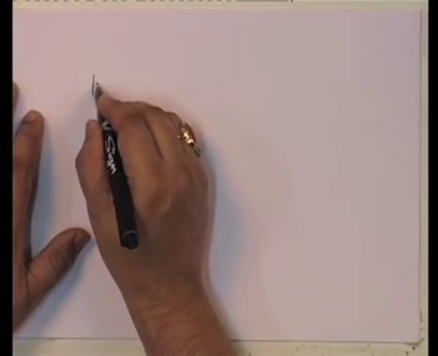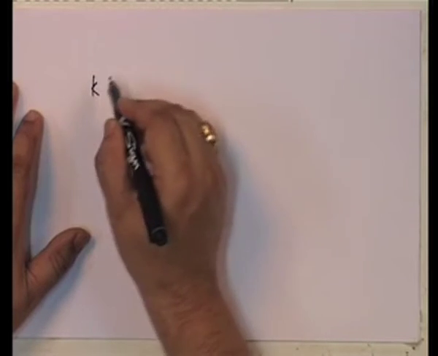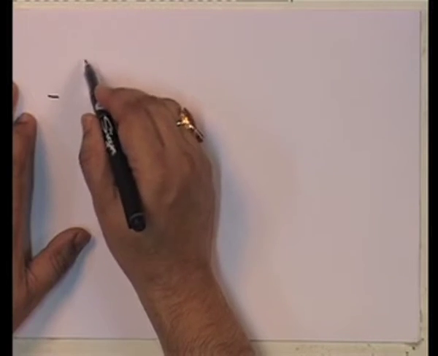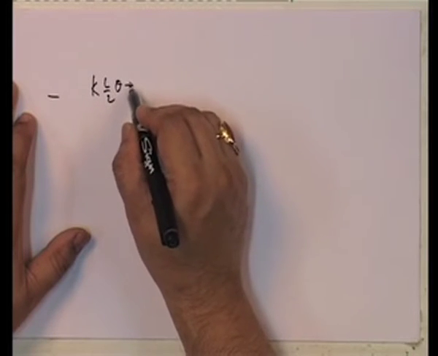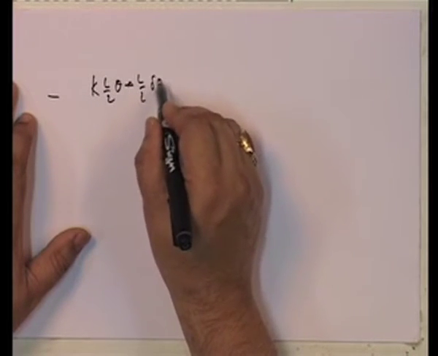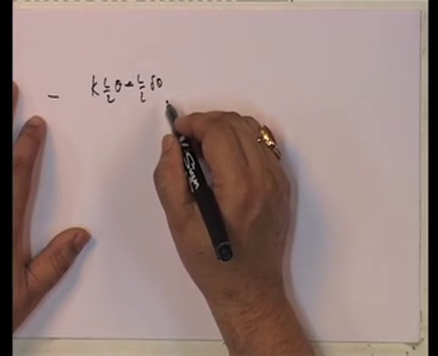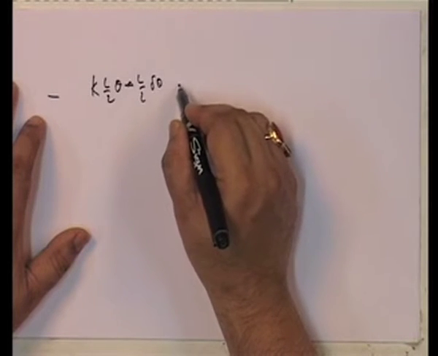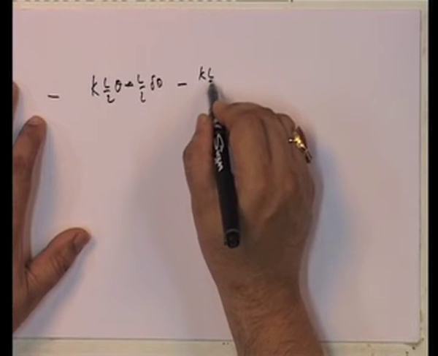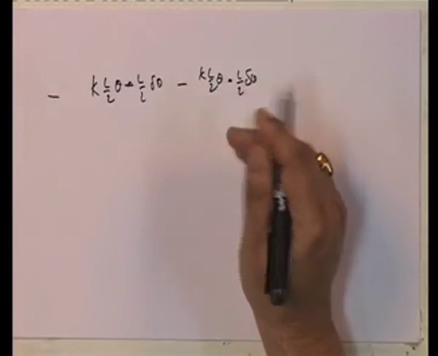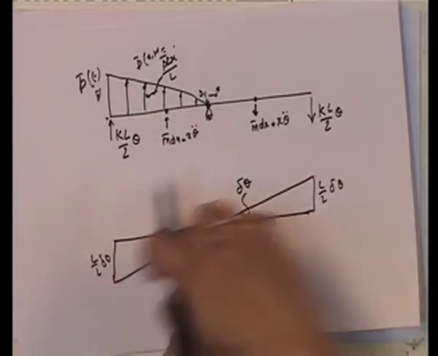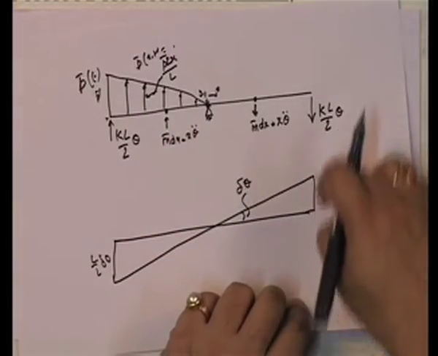I am going to write that down, and if I write it down, what do I get? I will take the first one: all of them are negative, so minus k L over 2 theta into L by 2 delta theta, minus k L by 2 theta into L by 2 delta theta. These are this one into this, negative, and this one into this, negative.